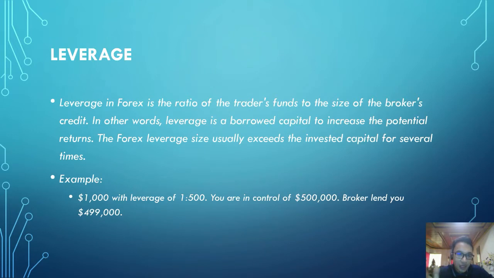The broker actually does not have any risk in terms of trading, even though the broker lends you money. Why? When your margin becomes low and you get a margin call, he cuts the trades, closes the trades, so that it won't touch the 499,000 USD that he lends you. So when you trade, the only one that will lose will be the 1,000 USD because of the margin.